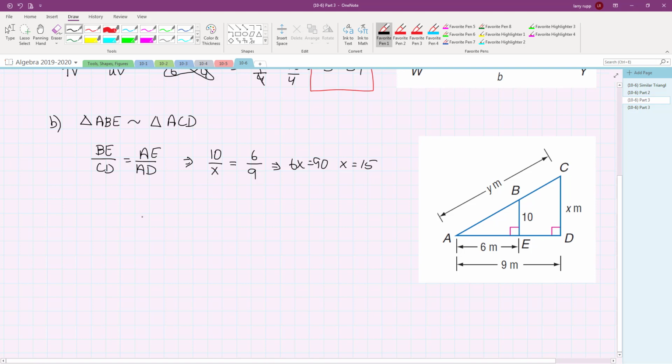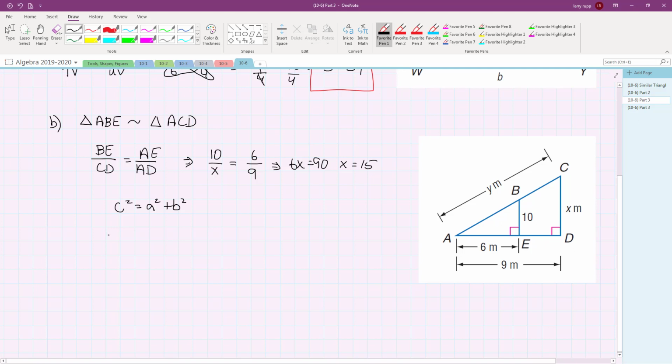Remember Pythagorean theorem? That says that c squared is equal to a squared plus b squared. All right? Well, what are we trying to find? Y, that length y, AC, and that happens to be the hypotenuse of a right triangle, whose second leg we just found to be x.